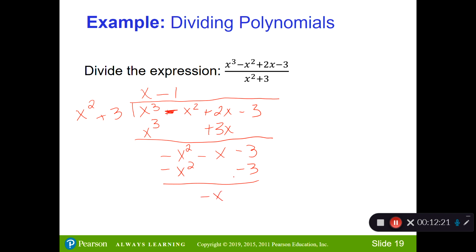Bring down the negative x. Negative 3 minus negative 3 is a 0. And I can't make x squared become an x. So this divides into x minus 1, the quotient, plus negative x over the x squared plus 3. And there's my breakdown, right? We're just doing the quotient plus the remainder over the divisor.